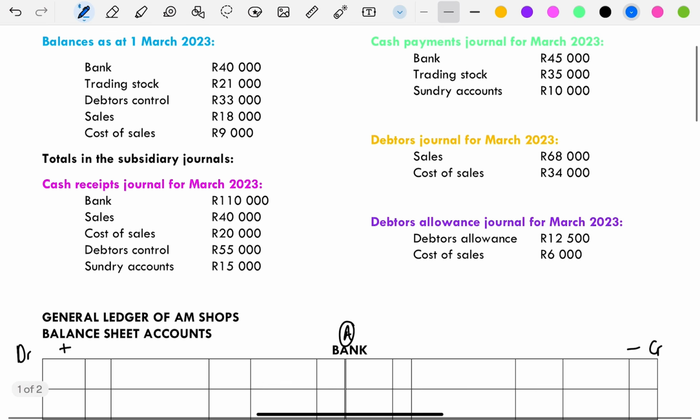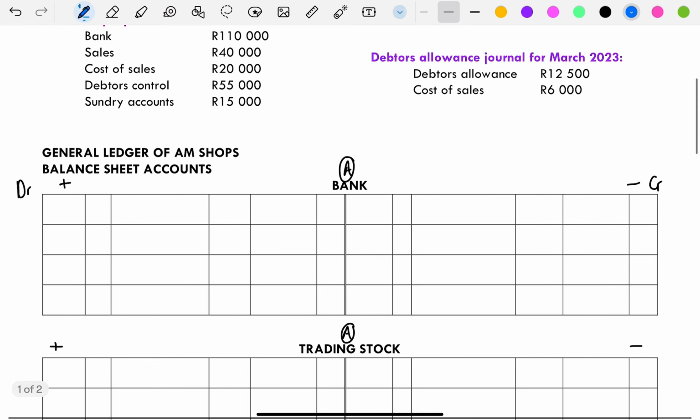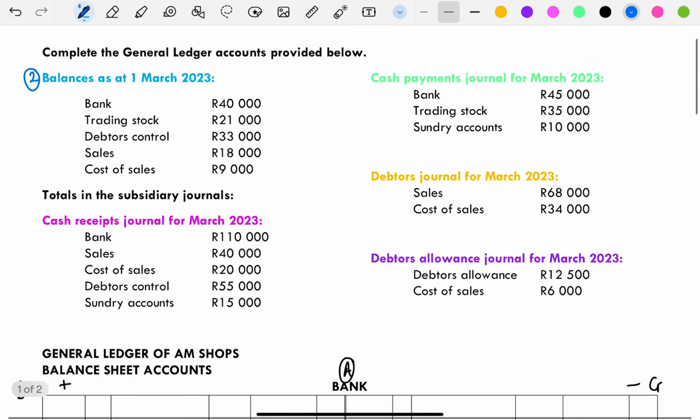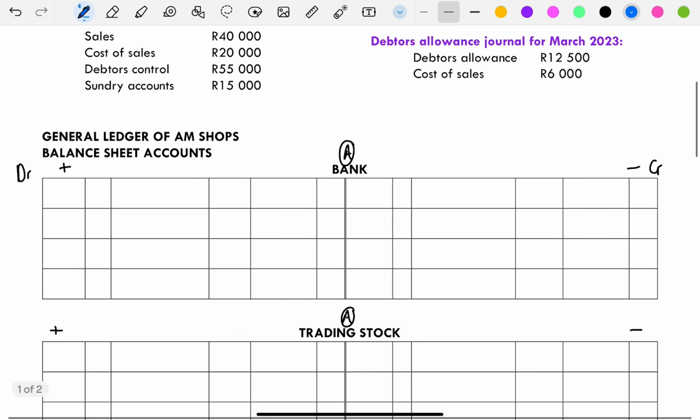We're going to start, so this I'm using for step 2, balances as at 1 March 2023. Right, so for bank, it says 40,000. So what I'm doing is I'm saying the date they've given me is that these balances are on 1 March 2023. So the first column on the debit side, the plus side, I'm putting my month and my year, March 2023.